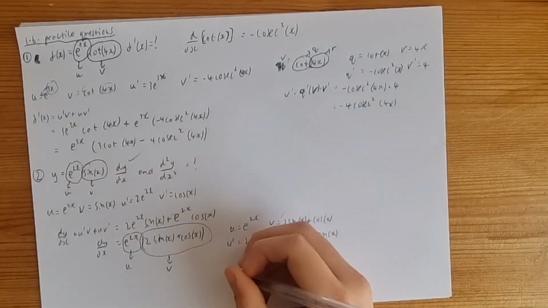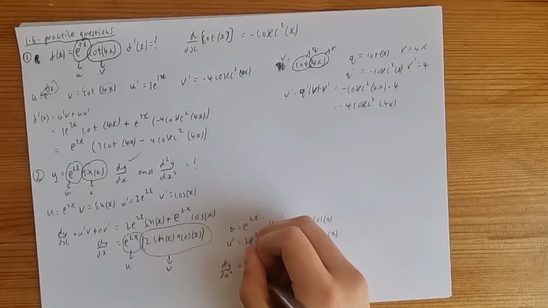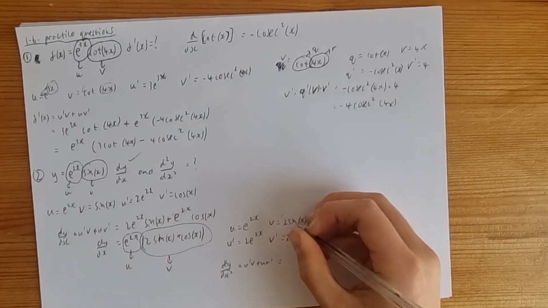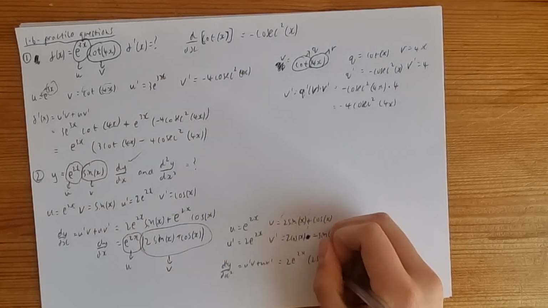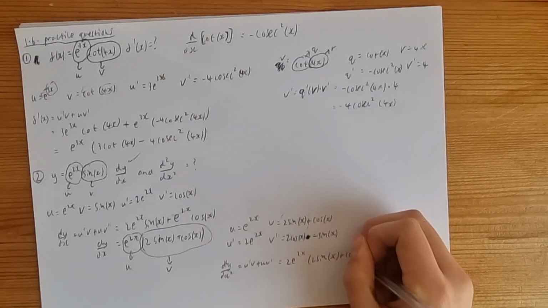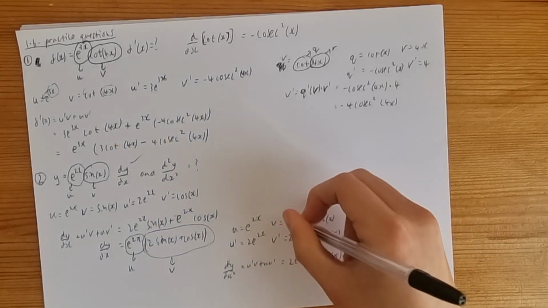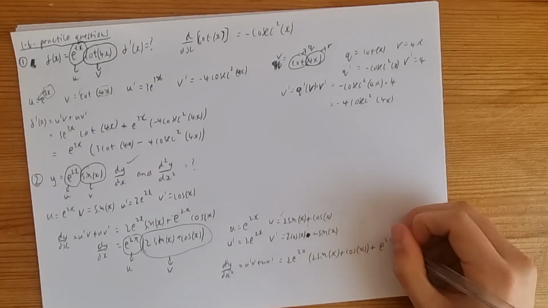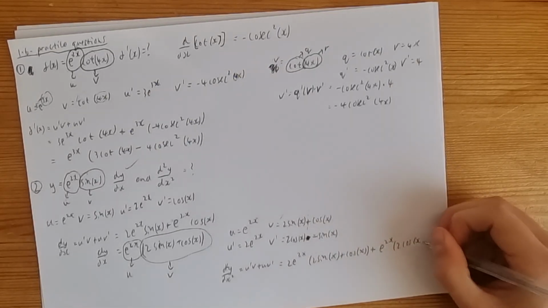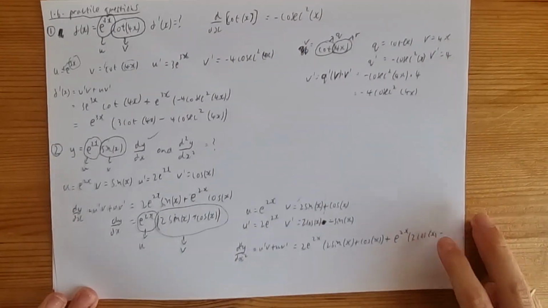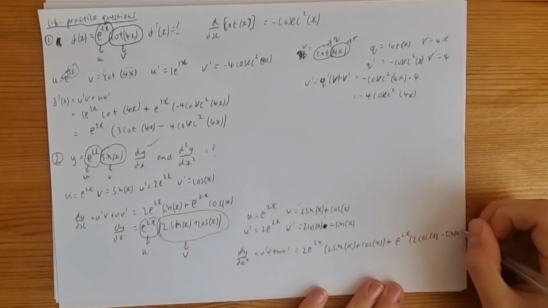So we've got all our data, and now we get that d squared y over dx squared is equal to u prime v plus uv prime, which is equal to 2e to the 2x, that's u prime times v, which is 2 sine of x plus cosine of x, and then plus uv prime, so plus e to the 2x times v prime, 2 cos x minus sine x.